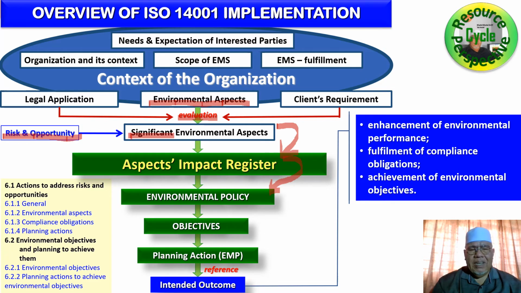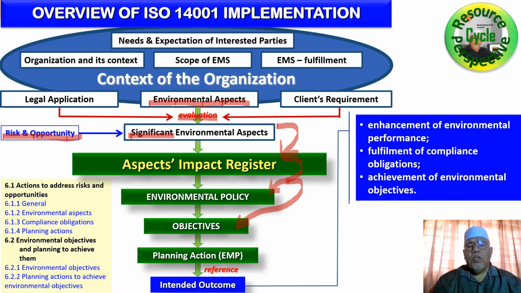You got to decide what you want to achieve. What are your environmental objectives based on your position in environmental management as it is already listed in your aspects impact register. So the policy comes in. This is what we want to arrive to.